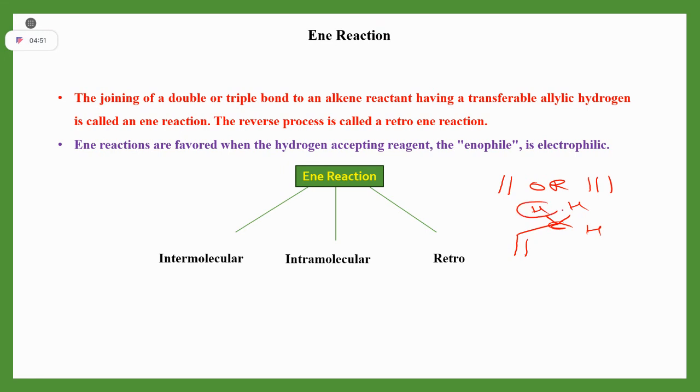These hydrogens are at the allylic position with respect to this double bond. Yes or no? So the joining of this double bond to an alkene having allylic hydrogen, that is called your ene reaction. The ene reaction can be of three types: one is intermolecular, second is intramolecular, and third is retro.